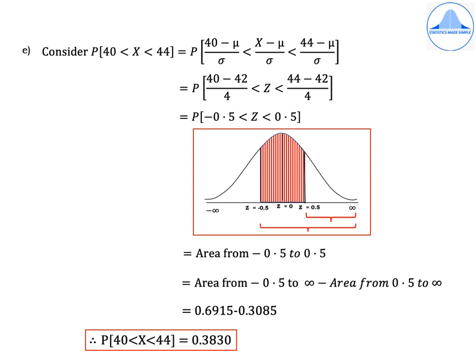So you will get this step as area from minus 0.5 to infinity minus the area from 0.5 to infinity. And if you search for the values in the tables, you will get the probabilities as 0.6915 minus 0.3085, or probability of 40 less than x less than 44 is 0.3830.